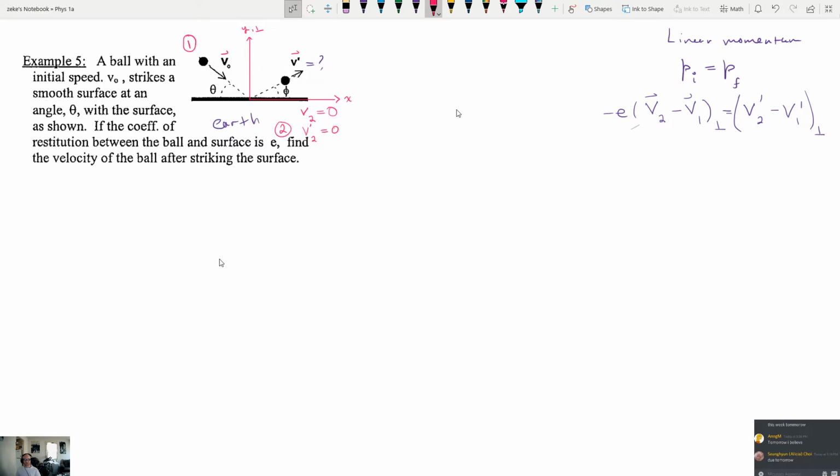In order to really do anything here, we're going to have to break these velocities up into components, so let's do that. We'll go green. This velocity vector starts off with a component that points down like this, and then after hitting the ground, its velocity vector is pointing up like this.